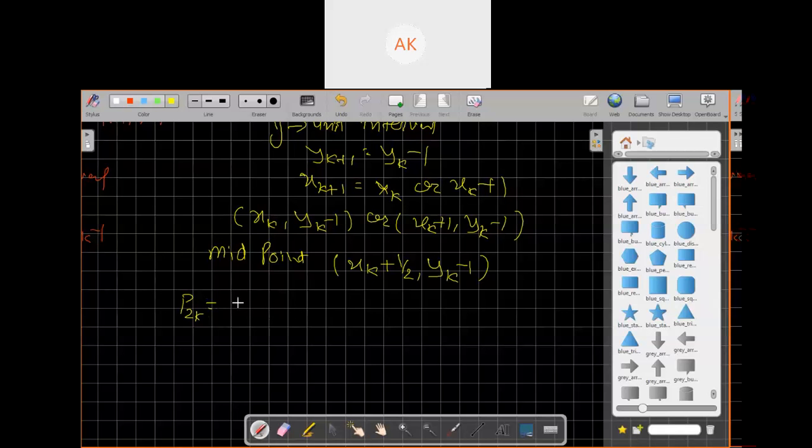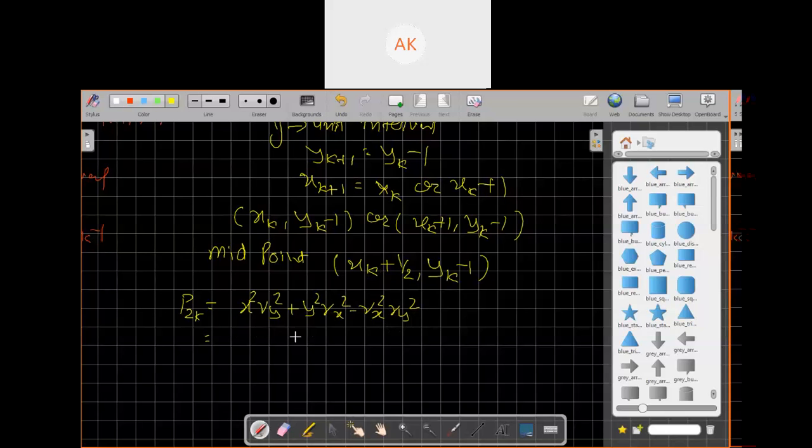If you remember the equation, x square ry square plus y square rx square minus rx square ry square, this is the equation of the ellipse. Put the value of x and y with this coordinate value.